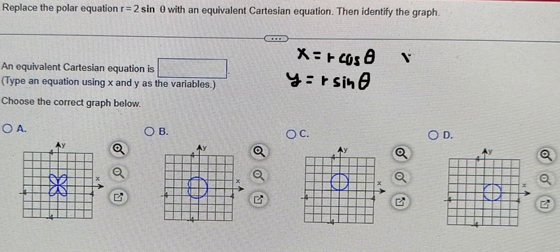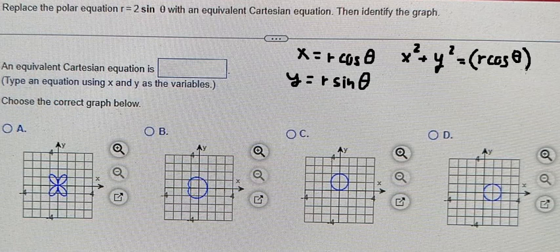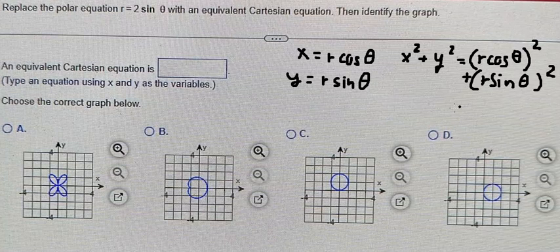If we put x squared plus y squared, you will get R cosine theta, everything to the power of 2, plus R sine theta, everything to the power of 2. Now we put R and R goes outside. So we have it like this.